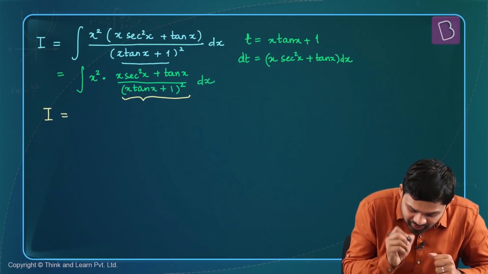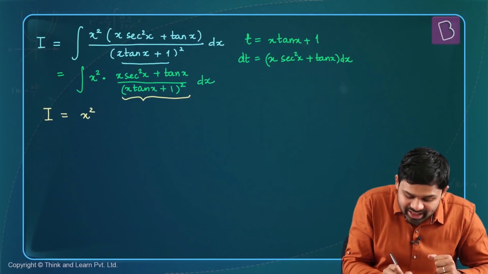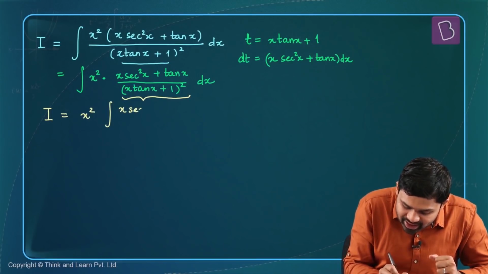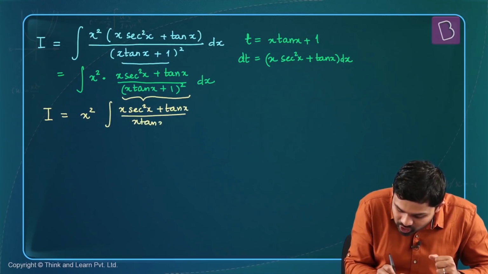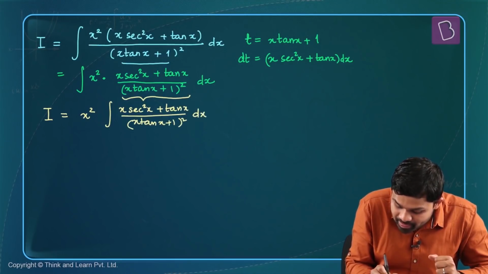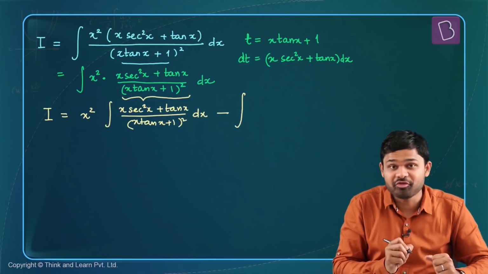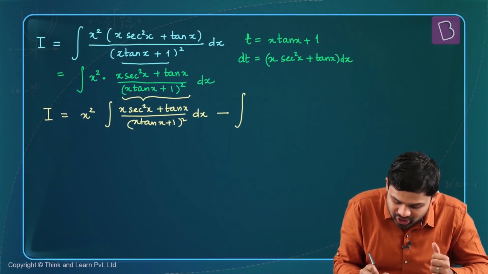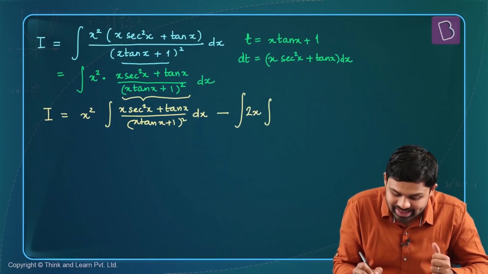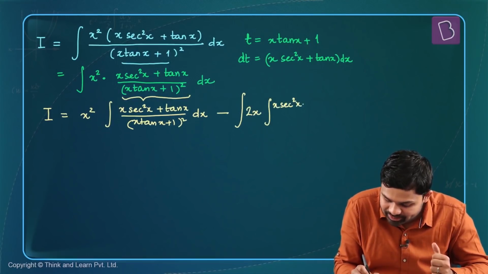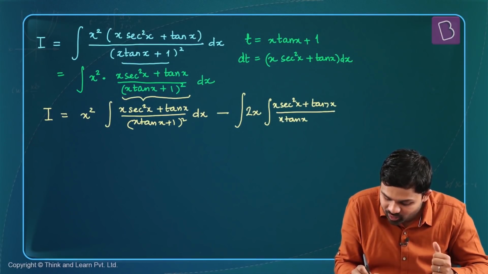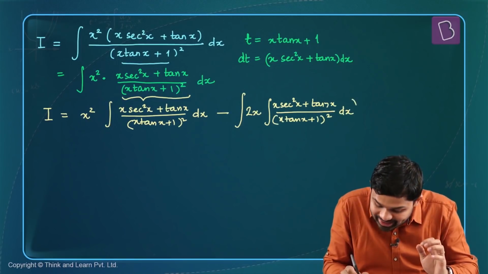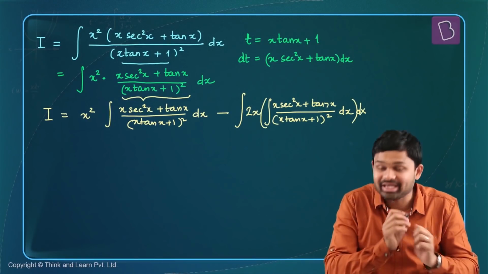I will keep the first function as it is and integrate x secant square x plus tan x divided by (x tan x plus 1) the whole square dx, minus the integral of the differential of the first function, that's going to be 2x, multiplied by the integral of x secant square x plus tan x divided by (x tan x plus 1) the whole square dx. And this entire thing is going to have a dx here. Don't forget that dx.